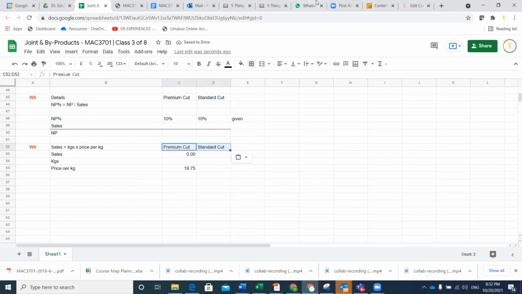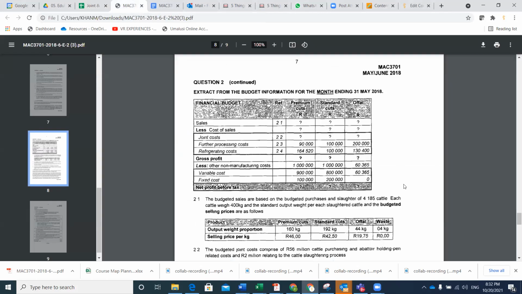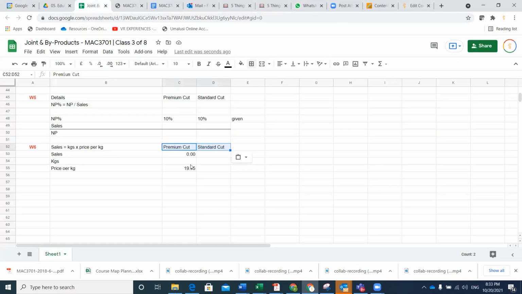I can't remember what the selling price was. The selling price for premium cuts is 46 Rand, and for standard cuts is 42 Rand 50. So this here is 46, and this here is 42.50.